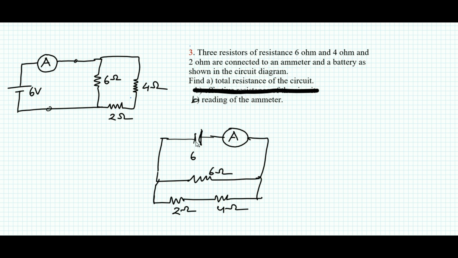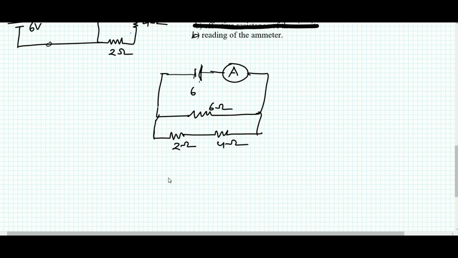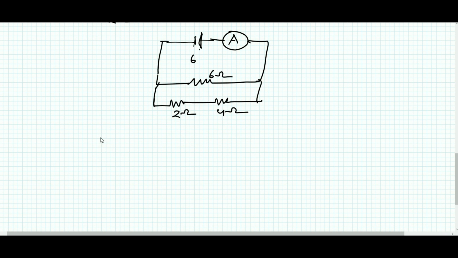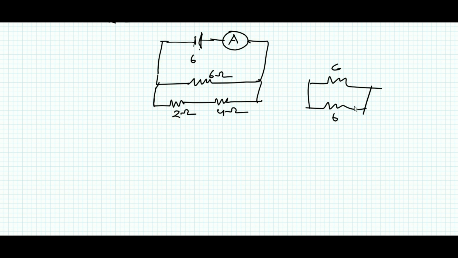I think now it is clearer and easier to understand the sum, right? So what will I do? I find the series resistance of this one, and we calculate the parallel resistance of 6 ohms and this value, to find the effective resistance of the circuit. This one becomes 6 ohms and this one also becomes 6 ohms, and these are in parallel. So Rp can be easily written like this. I think it is very clear.